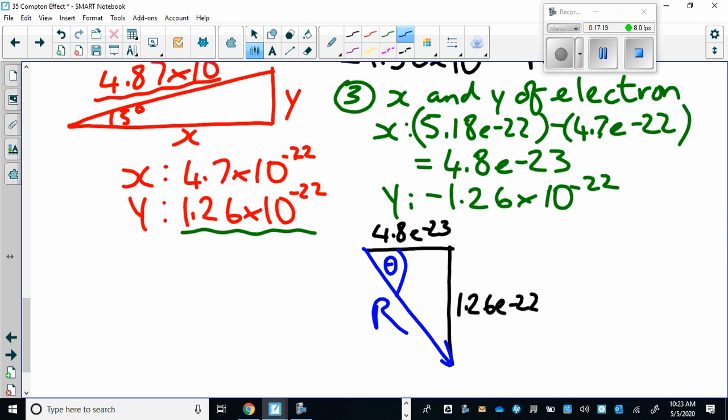We're going to solve that triangle. The resultant vector will give us the resultant momentum of the electron and the angle. And I'm just going to, the video is getting really long, so we want R equals R. It turns out to be 1.35 times 10 to the negative 22.